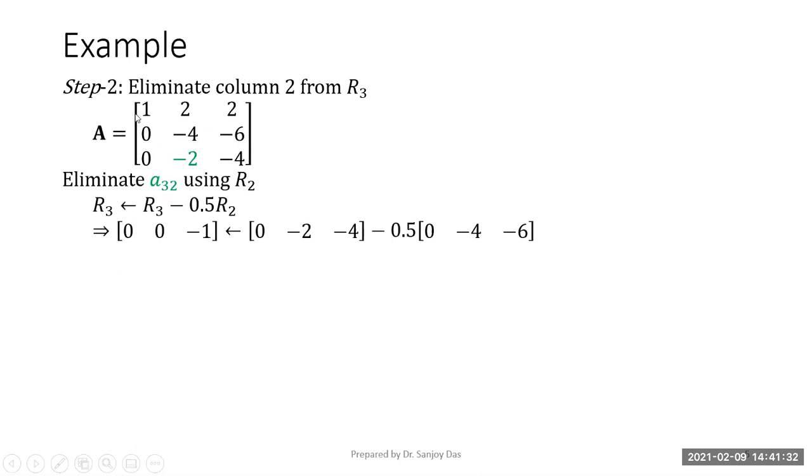So R3 is 0, negative 2, negative 4, minus half of R2 is 0, negative 4, negative 6, 0, negative 4, negative 6, R2, and then I do this operation, I get 0, 0, negative 1. Therefore, my new matrix is this, 0, 0, negative 1. This negative 2 has been eliminated.